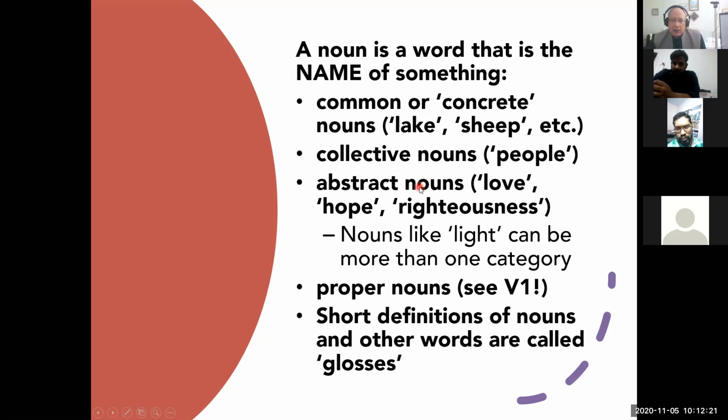A gloss for agape would be love, but I would have to look at all the uses of the word agape in order to say the definition is love, because in different contexts, it might mean slightly something different.